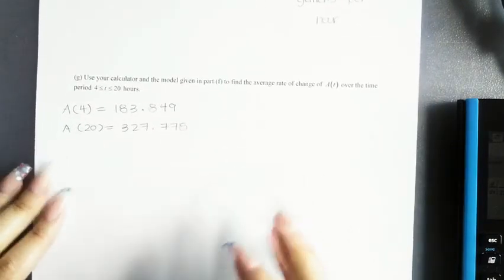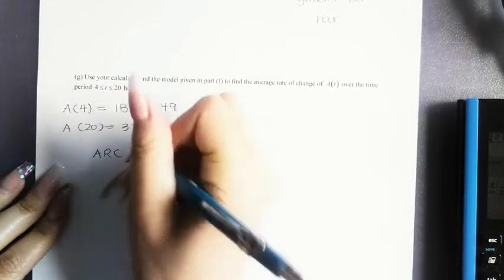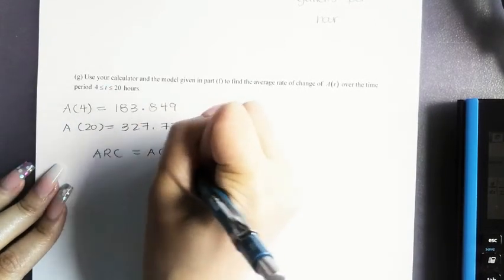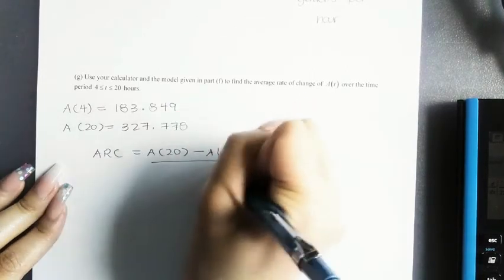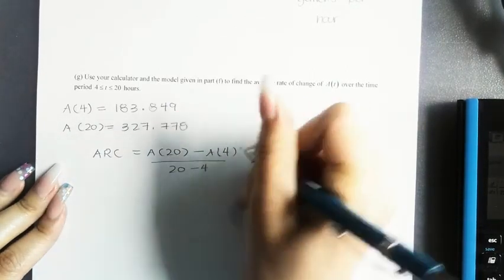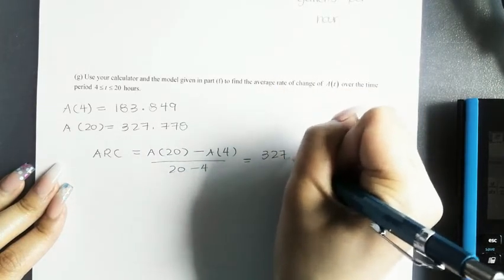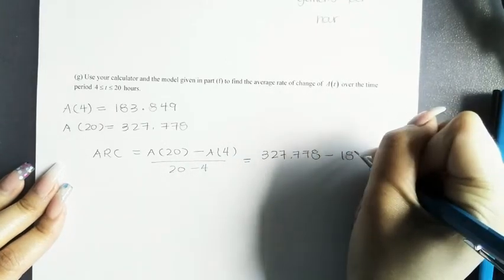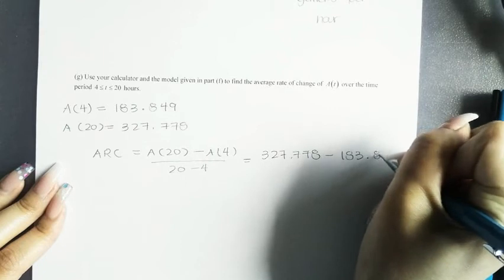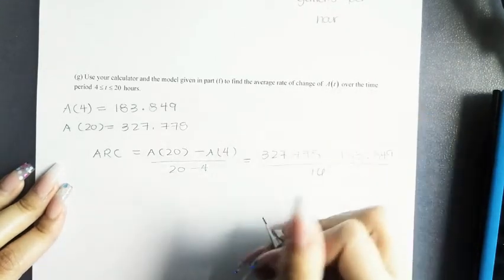After that, what are you going to do? You know that the average rate of change of the situation is going to be equal to A of 20 minus A of 4, divided by 20 minus 4. So this is going to be equal to 327.778 minus 183.849, and all of this divided by 16.